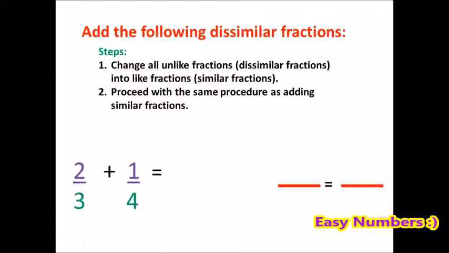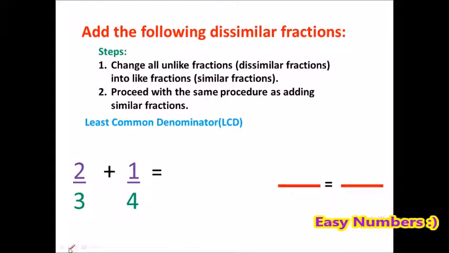For example, if we have 2/3 plus 1/4, the first step is to change again into similar fractions. So what are we going to do to change this into similar? First, find the least common denominator or the LCD. How can we find the LCD?